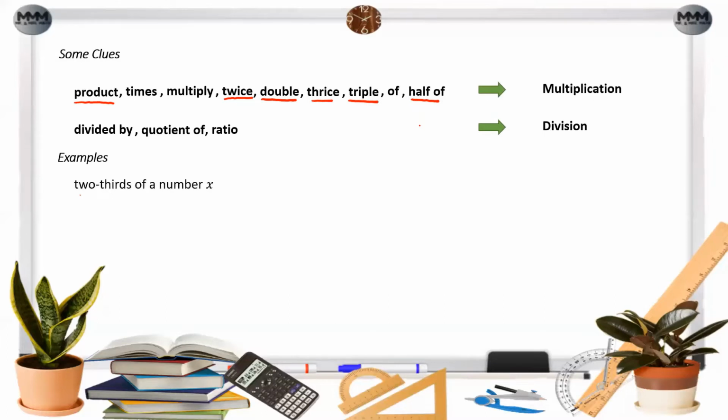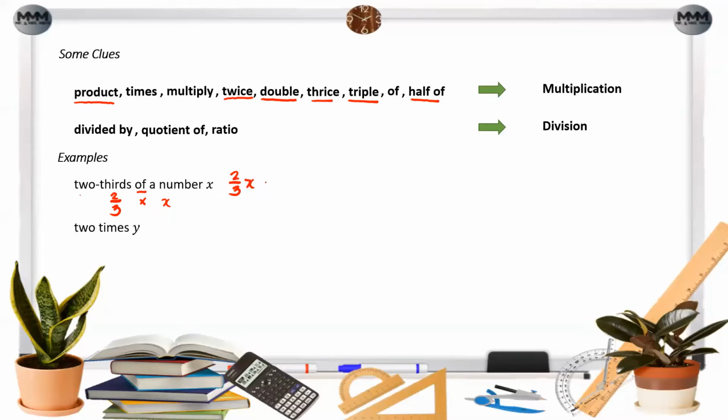First, we have 2/3 of a number. So we have 2/3, then for "of" we mean we multiply it to a number x. So we have 2/3 times a number x, or we can write this as 2/3 x.